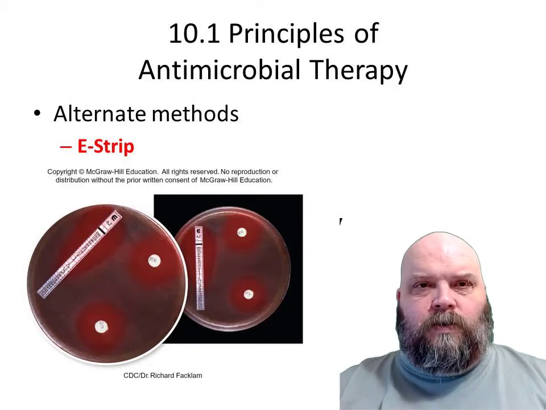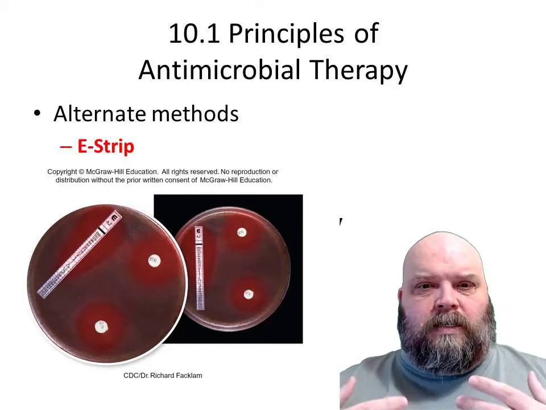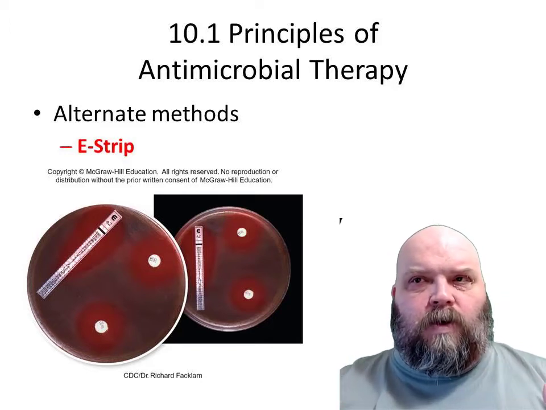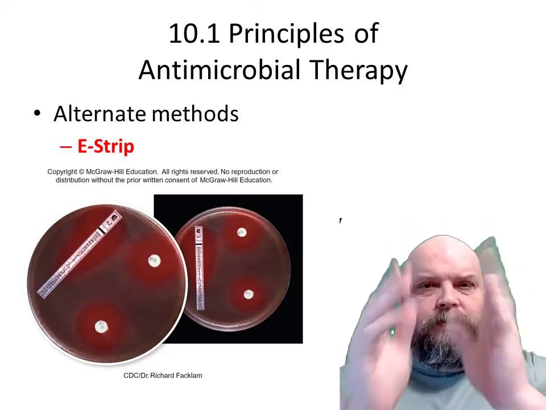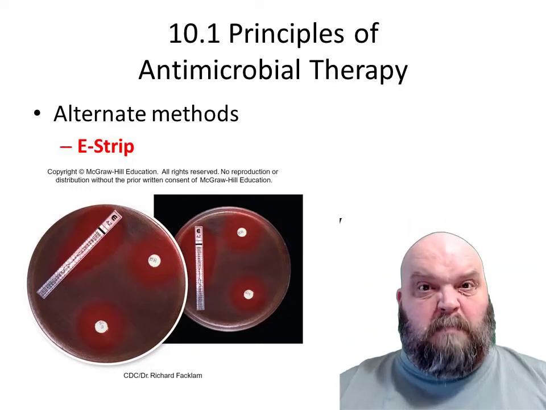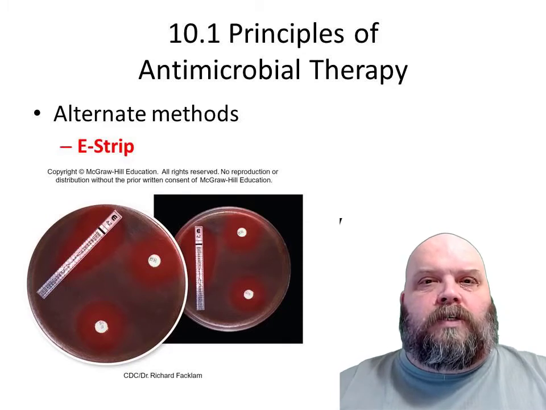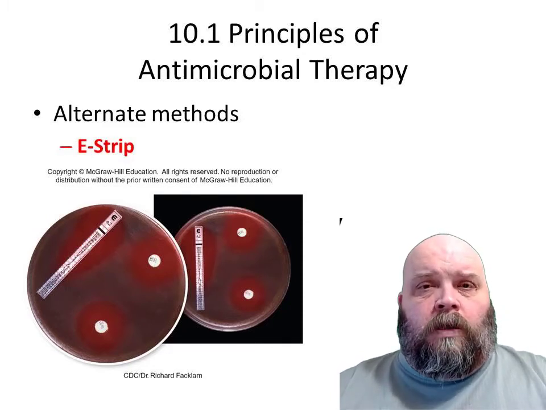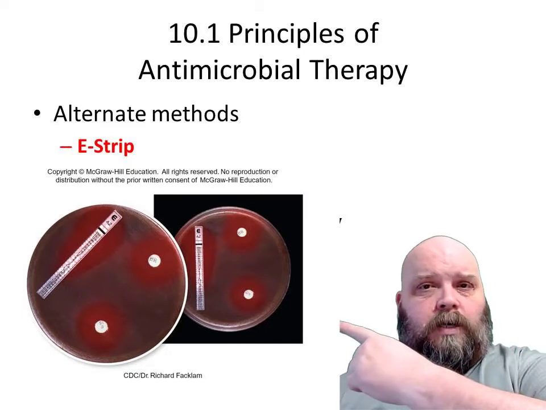Susceptible, resistant to this disc doesn't tell you what concentration is that boundary of susceptible and resistant. It doesn't give you the minimal concentration necessary. So what they've developed a few decades ago is what's referred to as the E-strip you see here.